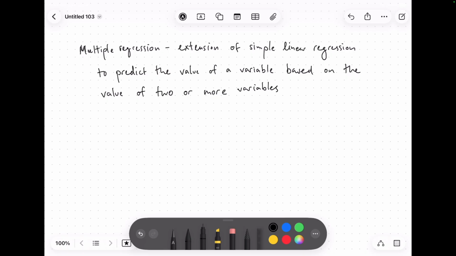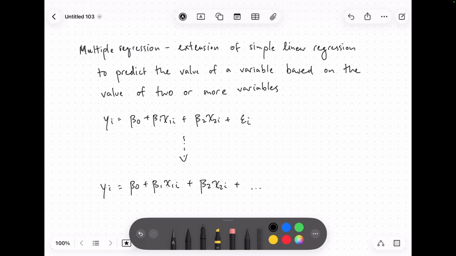And so that could be anything from, let's say, yi equals beta 0 plus beta 1 x1i plus beta 2 x2i plus our error term, all the way to yi equals beta 0 plus beta 1 x1i plus beta 2 x2i plus dot dot dot beta n minus 1 x n minus 1 i plus beta n times x n i plus our error term.